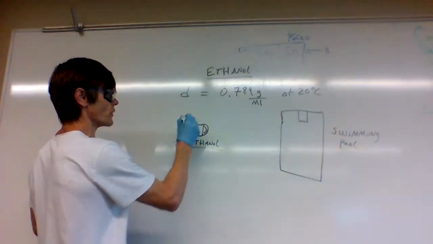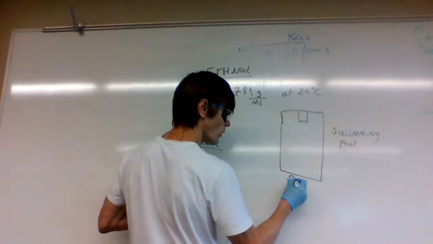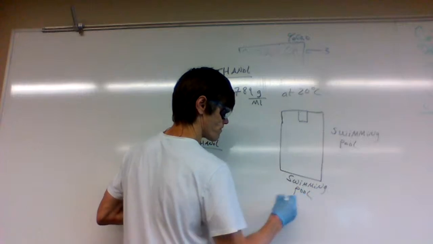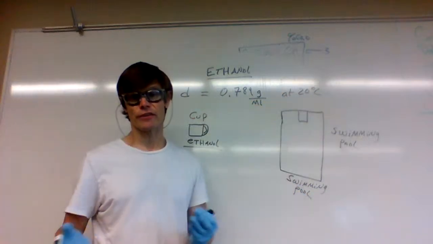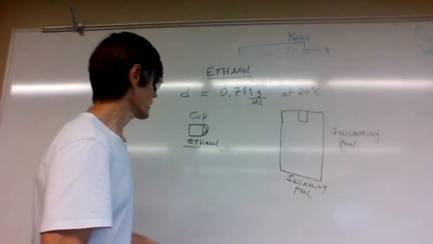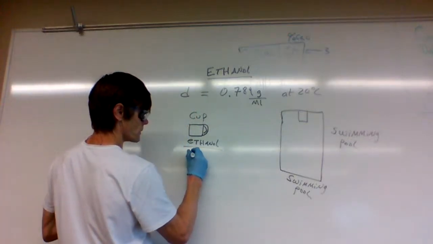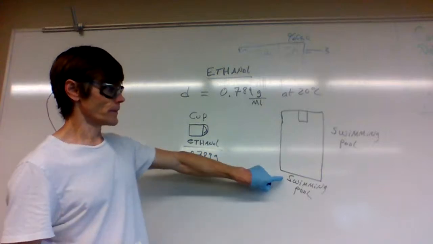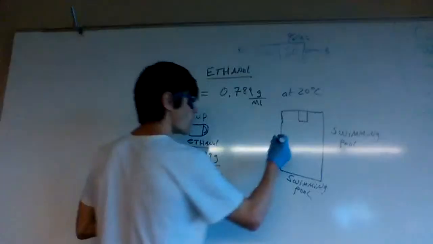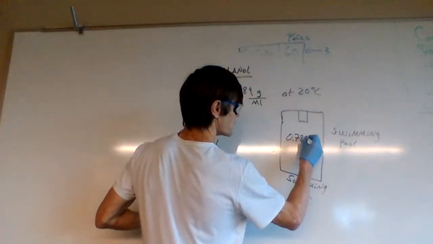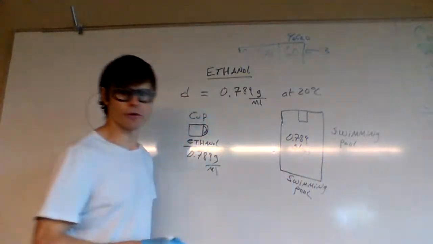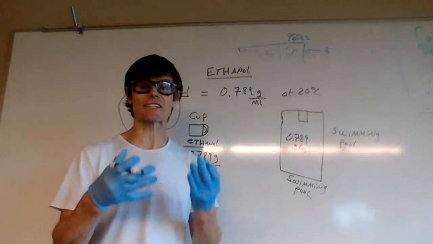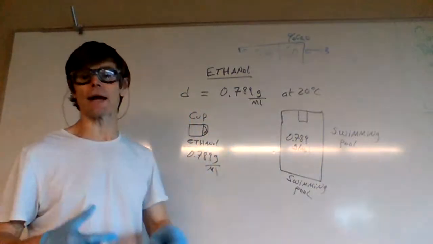So if we have a cup of ethanol, here's our cup, and here's a swimming pool full of ethanol. If we're at 20 degrees Celsius, normal room temperature conditions, the density in the cup is 0.789 grams per milliliter. The density of the ethanol that fills that swimming pool, 0.789 grams per milliliter also. So regardless of the size, the density is the same. It's an intensive property. It's independent of the amount.